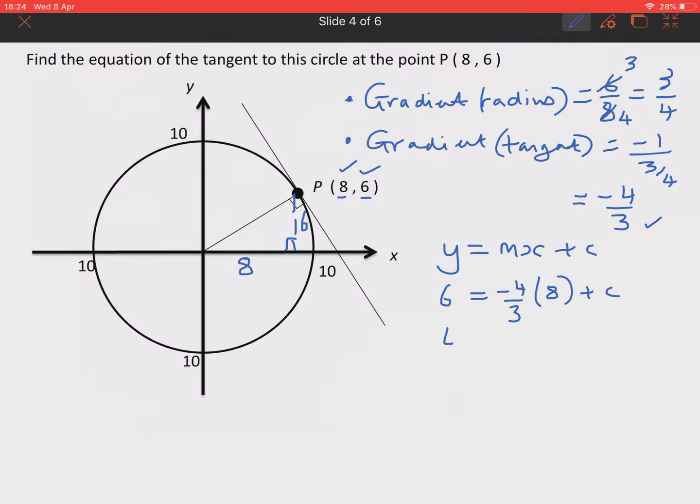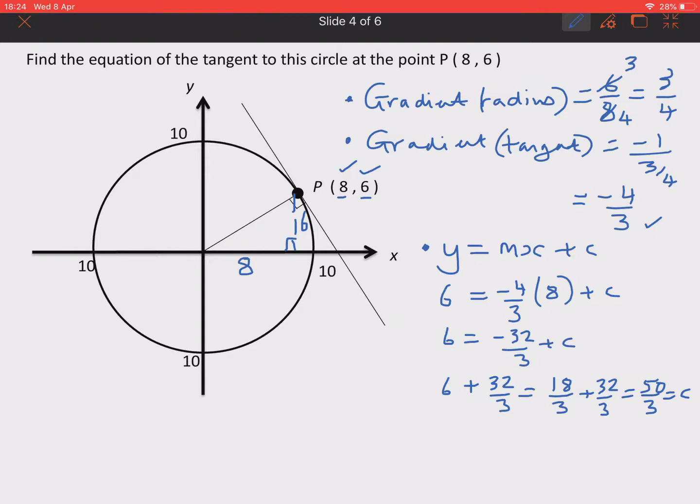So 6 is negative 4/3 times 8, which is negative 32/3, plus c. So therefore 6, I'm going to have to add on my 32/3, which will give me, I'll change 6 into thirds, so it's 18/3 plus 32/3, which is 50/3. So this is c. So that's my third step, to find c.